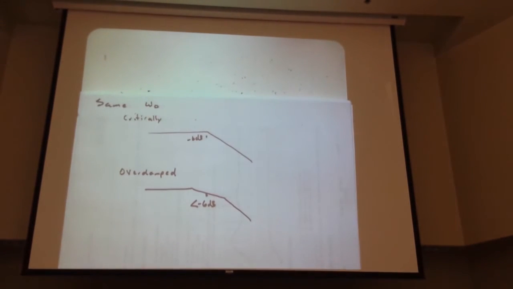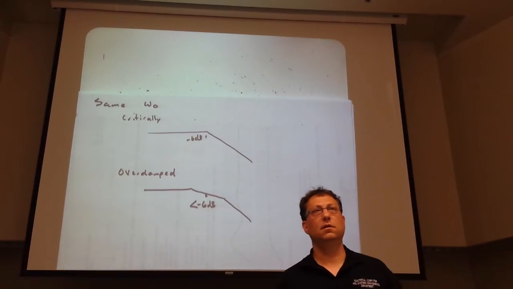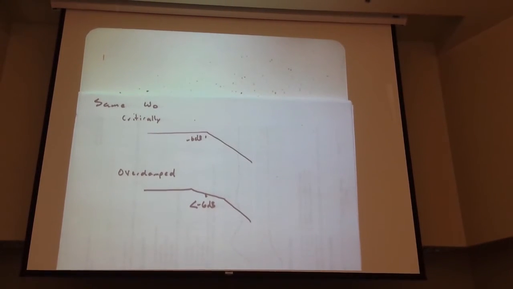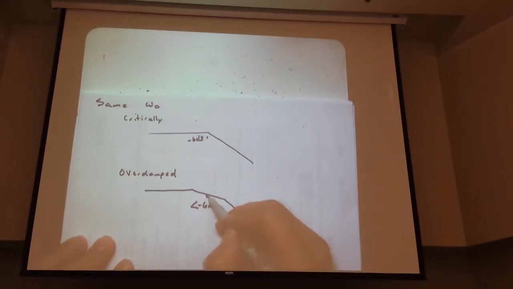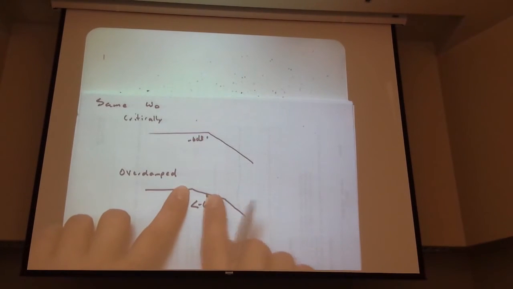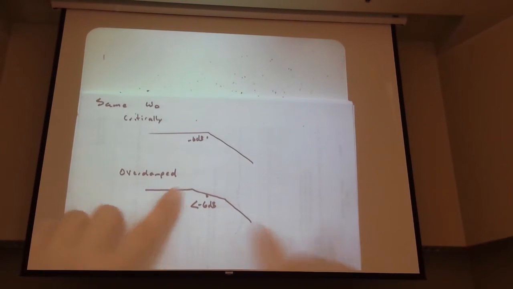And the more underdamping you do, the smaller it gets. The more overdamping you do, the lower it gets. Does that make sense? This is still omega naught in both cases. On dB scale, where is this point relative to the two poles? It's halfway in between.